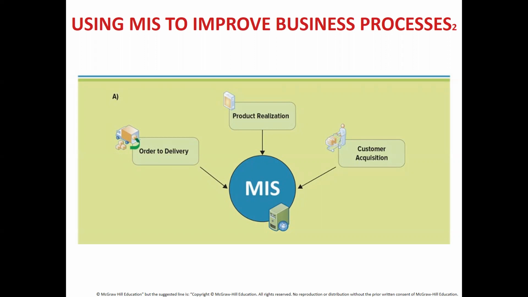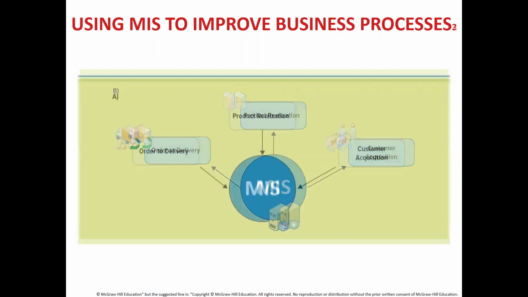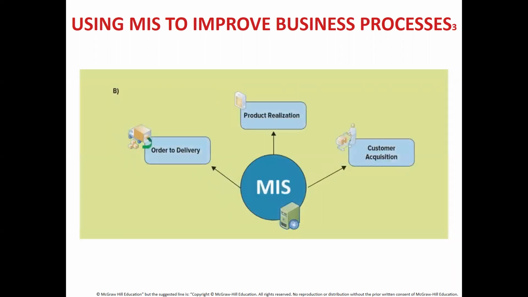Now, what happens if it is the other way around? This is scenario A, this is scenario B. In this case, the MIS tends to be driven by the business processes. Why does it happen? That generally happens because of system constraints. What would be some of the system constraints?